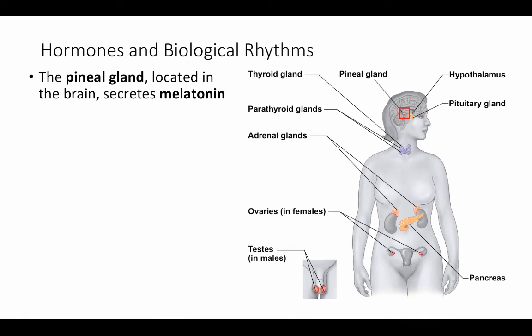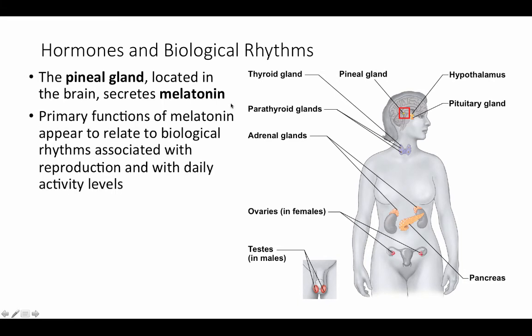Now let's think about circadian rhythms, these biological rhythms, so circadian rhythms and seasonal rhythms. These are generally regulated by a gland in the brain called the pineal gland. It's located here, right in the center of the brain, and it's going to secrete a hormone called melatonin.